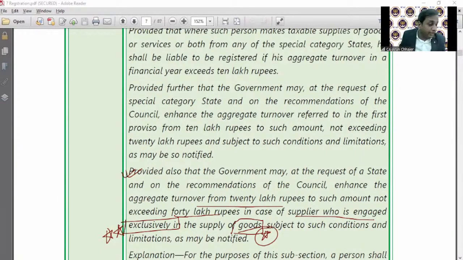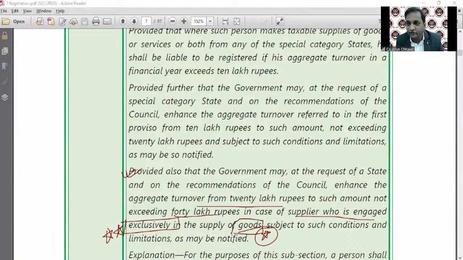Initially, I would like to see the reply in the chat. The limit for the special category state is how many rupees? Kindly give the reply in the chat. 10 lakh, 20 lakh, 40 lakhs.